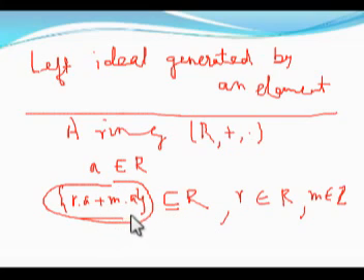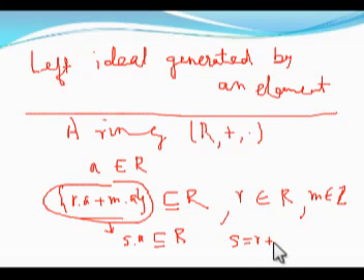It can be written in a simpler form also: Ra + ma, a proper subset of R that forms the left ideal.